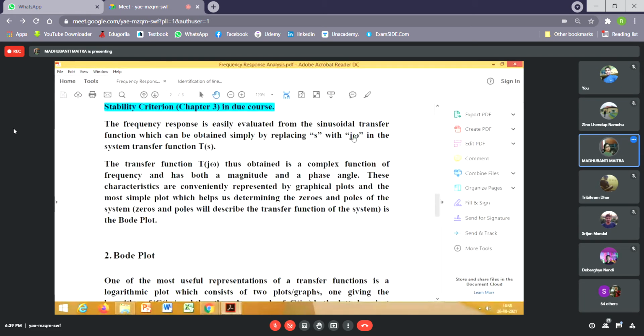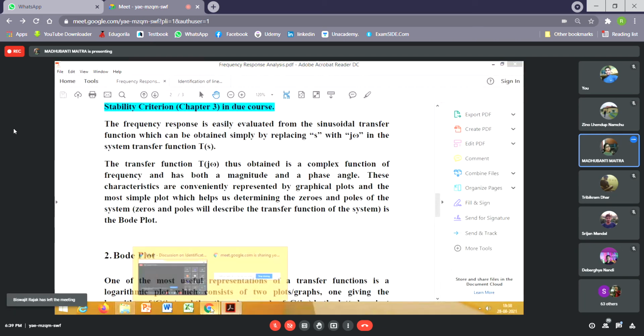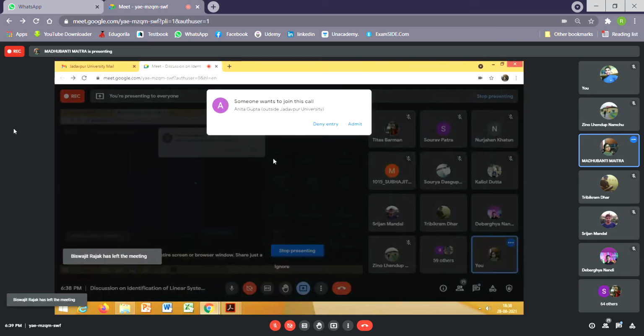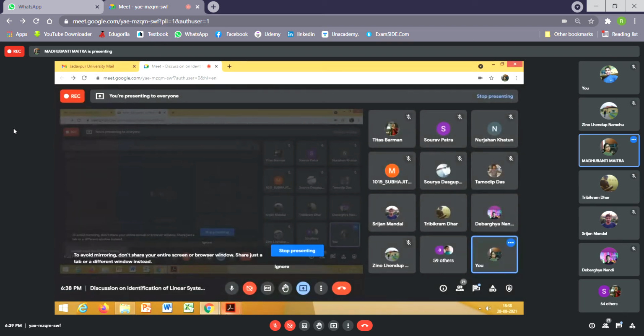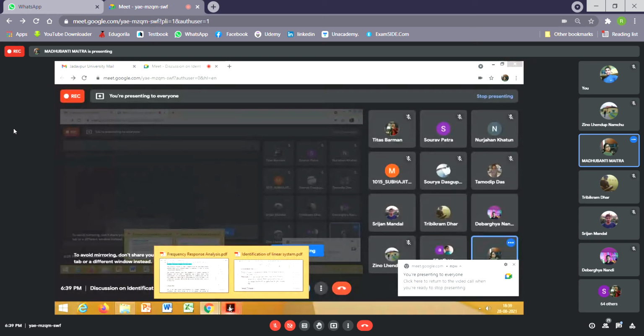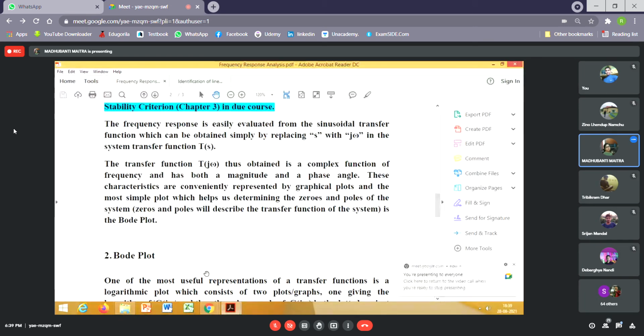We know the complex frequency S is equal to sigma plus j omega.